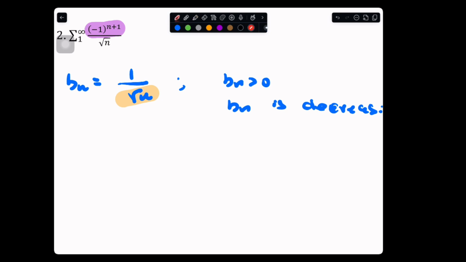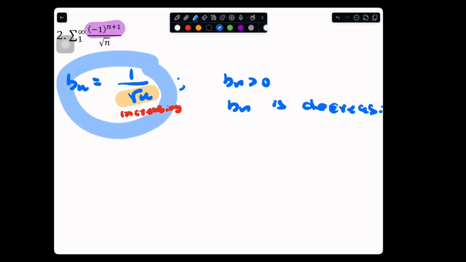This denominator is what? Increasing. But what's the deal? 1 over a denominator that's getting bigger will be what? Decreasing. Is that true? So I know the terms are positive.